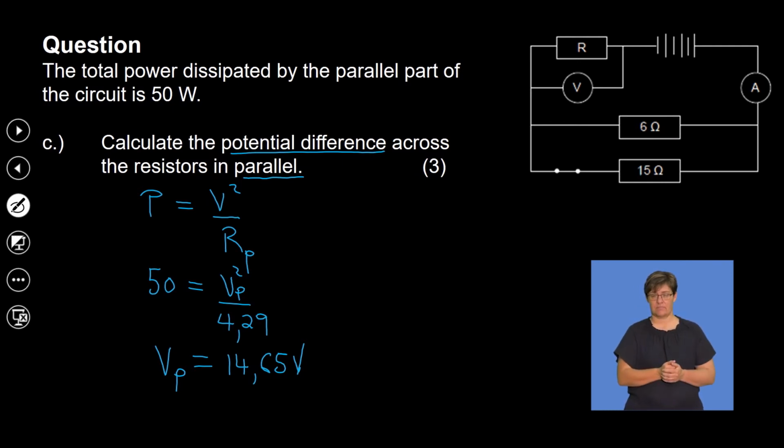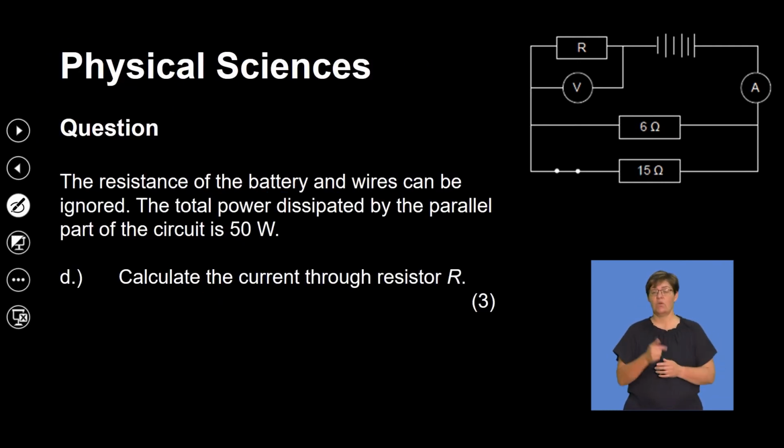Now, in the next question, they want us to determine the current passing through resistor R. So what do we know? We know that the total current is split between the two resistors, the 6 ohm and the 15 ohm.